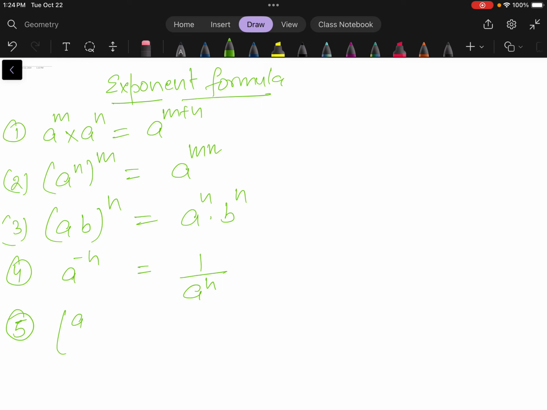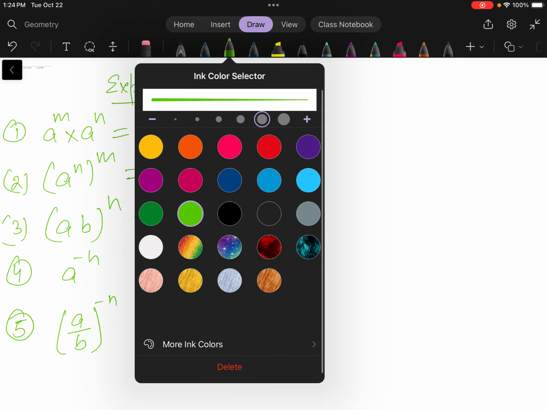If I write (a divided by b) to the power minus n, we can write it like (b divided by a) to the power n. So why do we write this one? Let's have a little discussion on this formula.